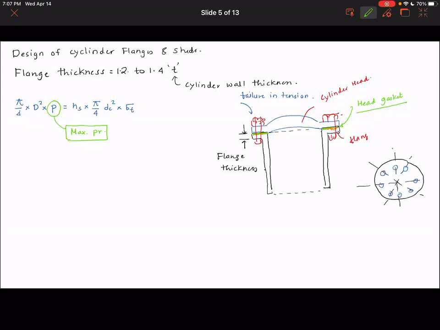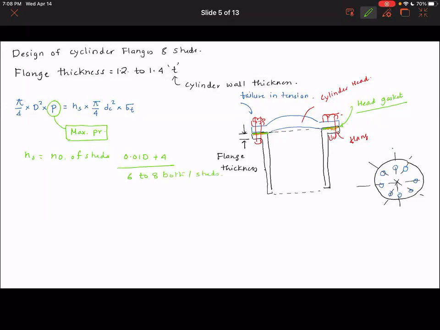So P is the maximum pressure and NS is the number of studs, that is 0.01 D plus 4. So usually you will notice typically you would have 6 to 8 bolts or studs.